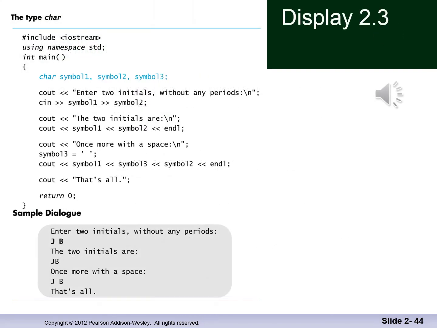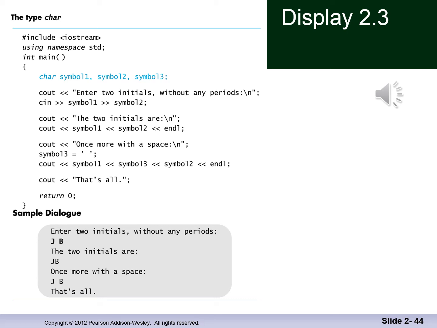Here's program 2.3, and this is from the textbook, that illustrates how chars are declared and then input using cin. So we declare 3 chars, symbol1, symbol2, and symbol3. We use cout to prompt the user to enter 2 initials without any periods, new line, and then we use cin, symbol1, symbol2 with the extraction operator.